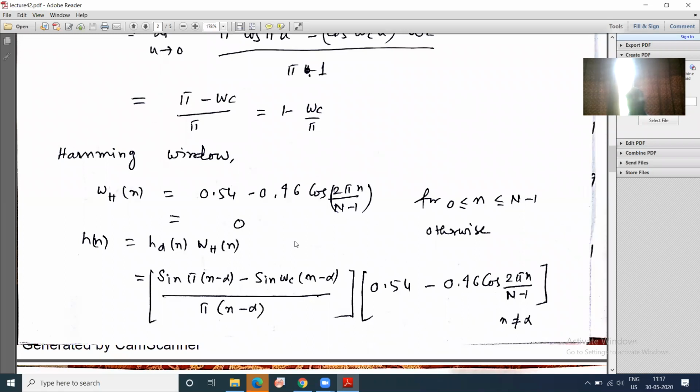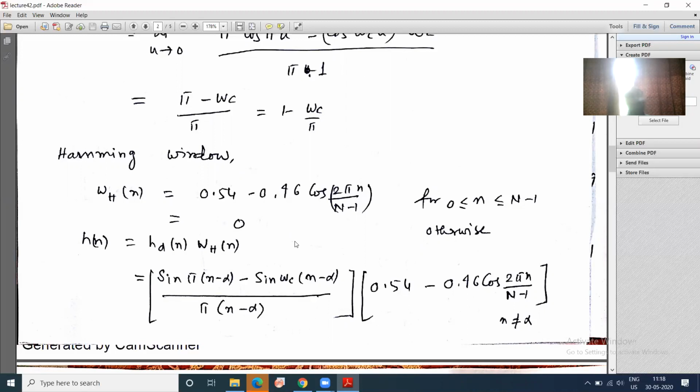So different kinds of windows ensure different passband to stop band transitions. It is desired that the passband to stop band transition or stop band to passband transition be as close to the ideal characteristics as possible. Therefore, different kinds of windows are used to ensure different passband stop band characteristics depending on the particular application.